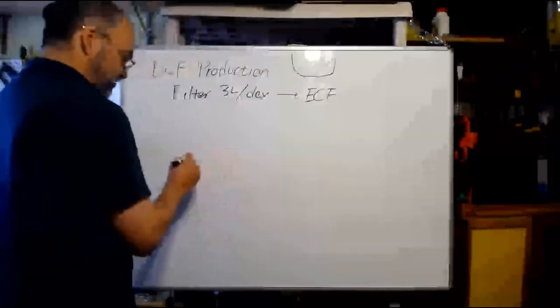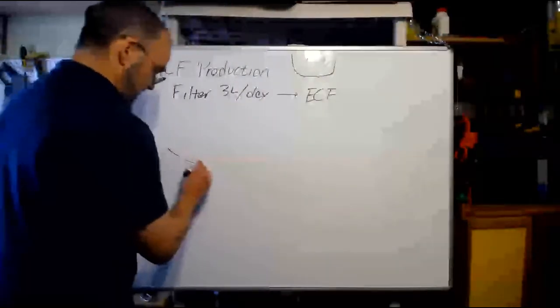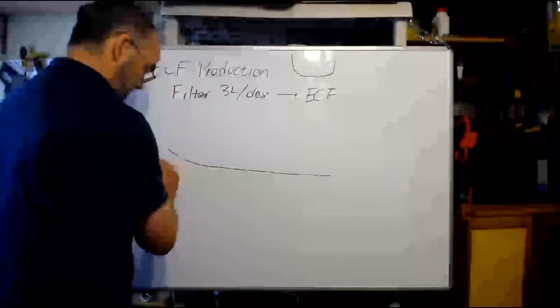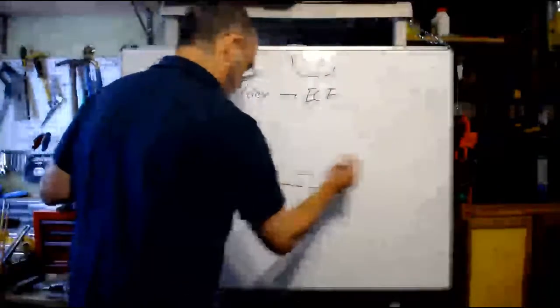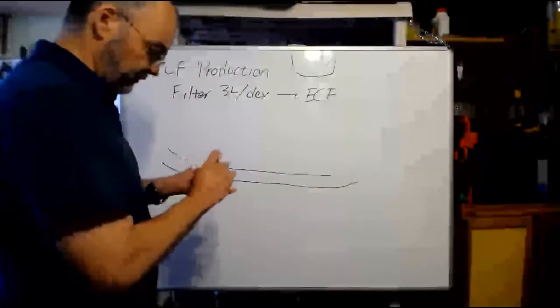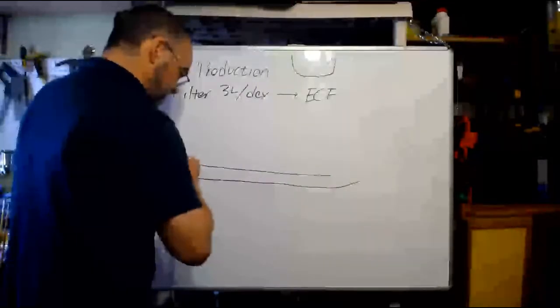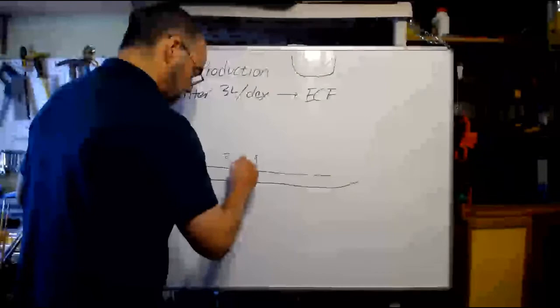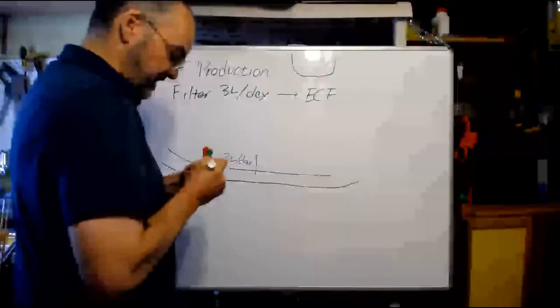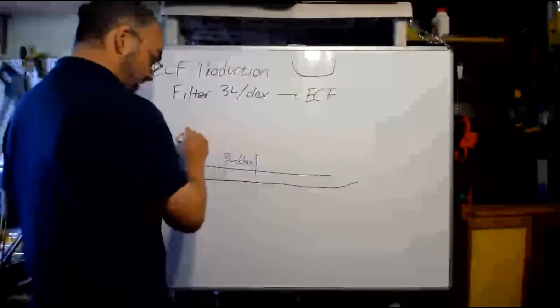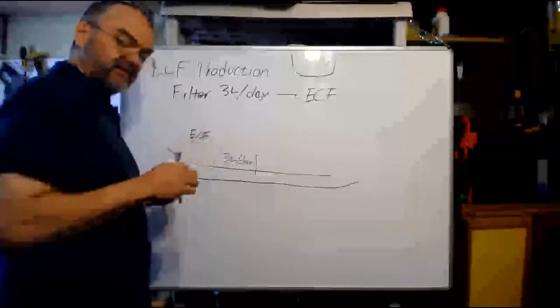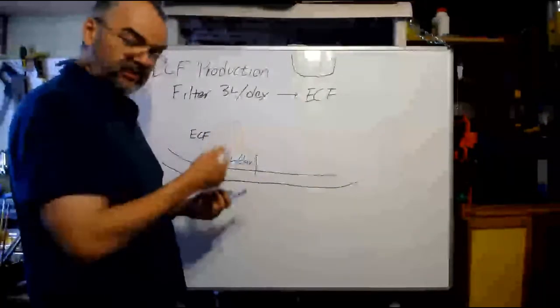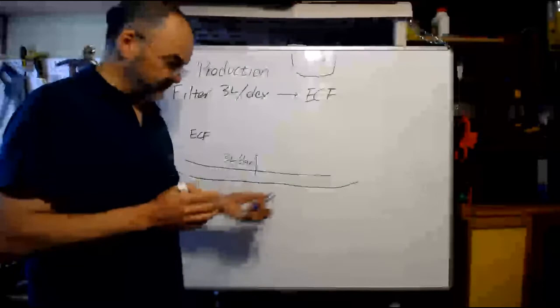So let's imagine that I've got that capillary we just drew in my tissue, and I am filtering out overall three liters a day into my ECF. This is where extracellular fluid comes from. The fluid around my cells is just filtered blood plasma, just the water from my blood.